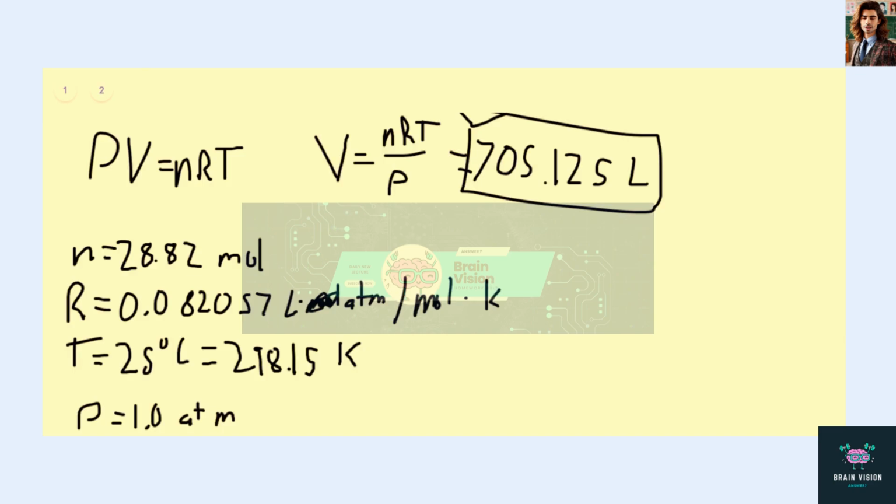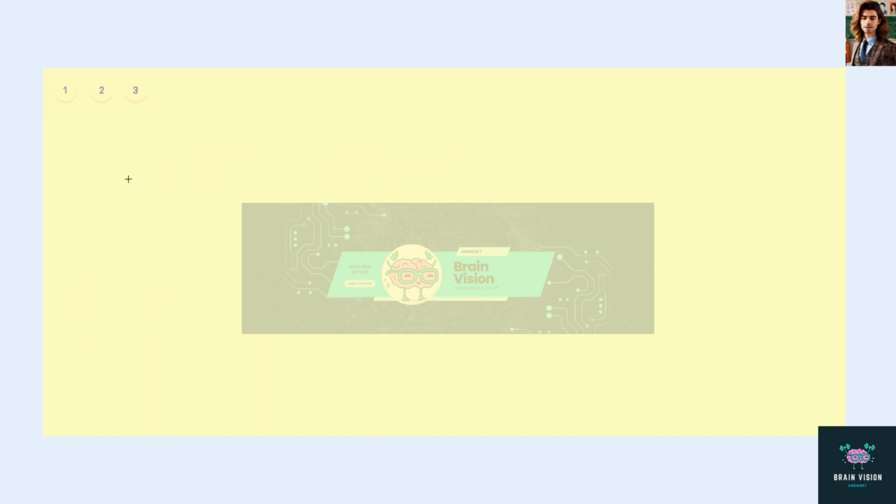Now we want to find the volume of the room. The volume of the room is 1 times 1 times 2, so 2, and that's meters cubed, since each of these values is in meters, 1 meter by 1 meter by 2 meters.